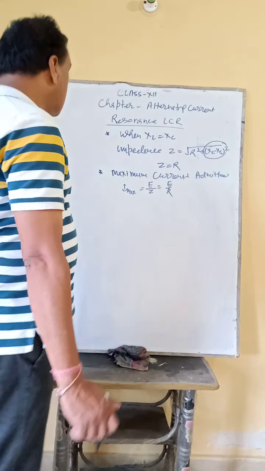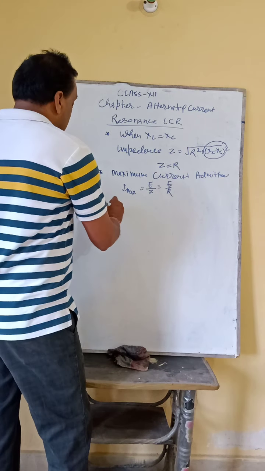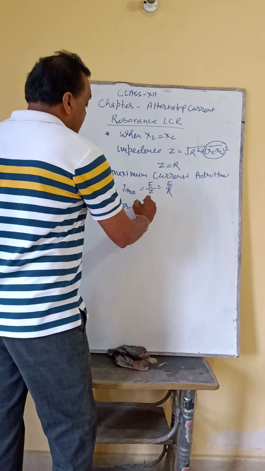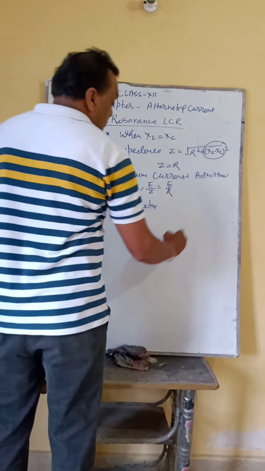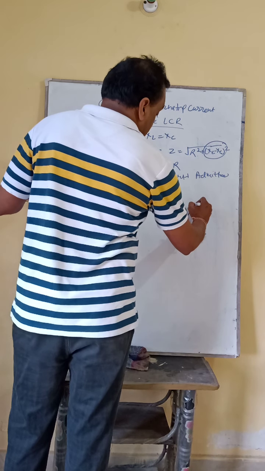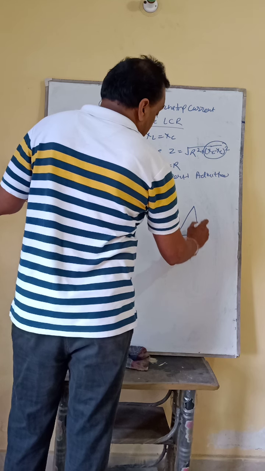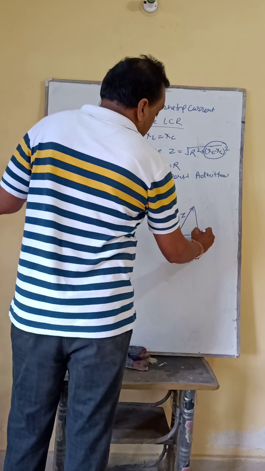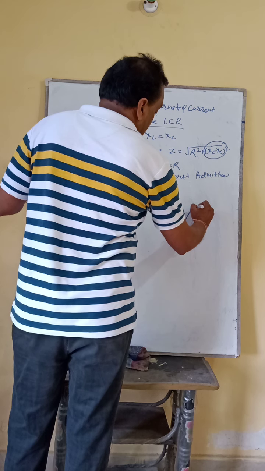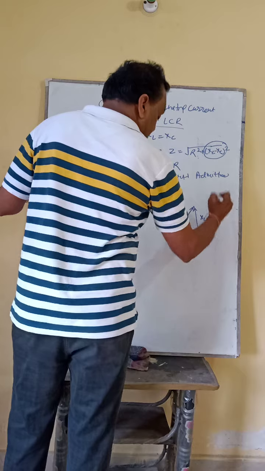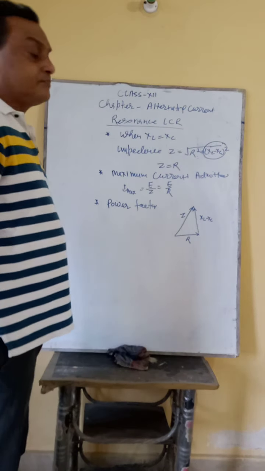Then I had taught power factor. Power factor, I had told from the impedance triangle. So this is the impedance triangle. This is the net impedance Z. This is R, and this one is XL minus XC, as in the LCR circuit we have seen.